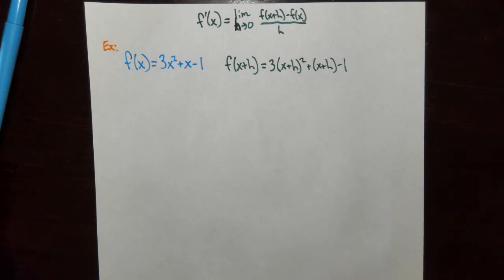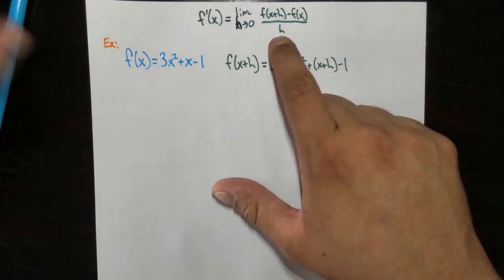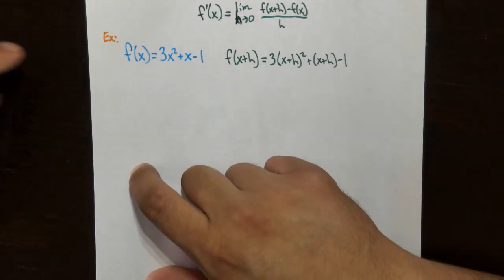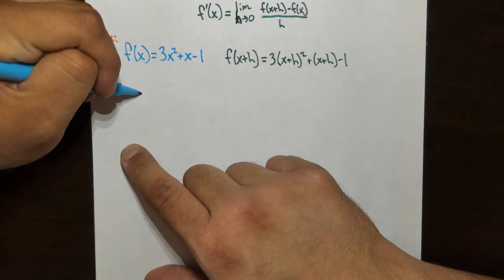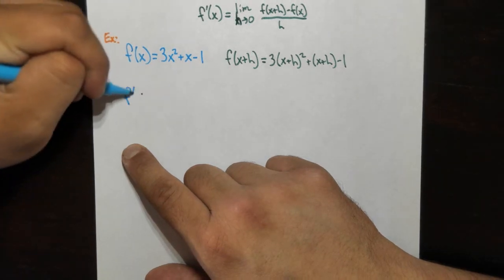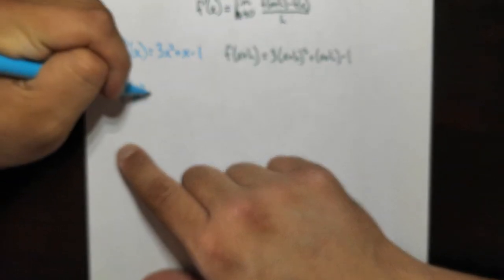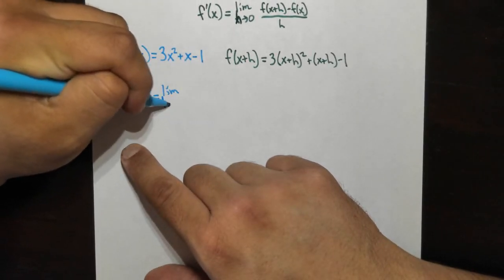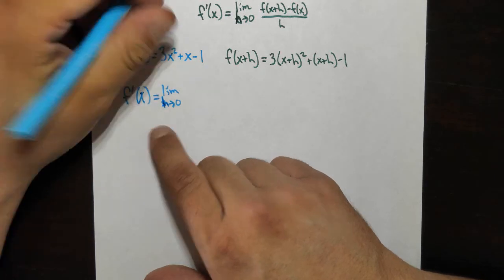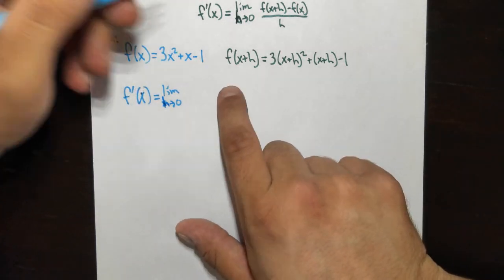Okay. So, f prime of x is equal to the limit as h approaches 0 of f of x plus h.